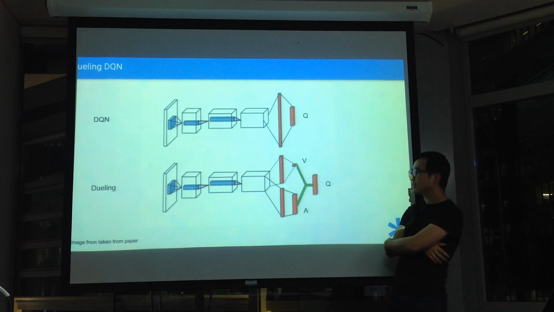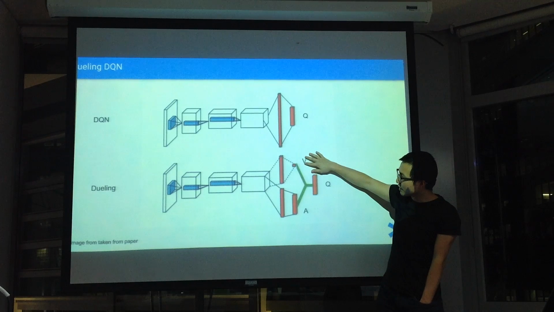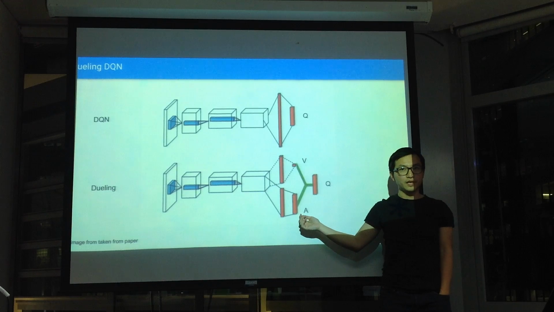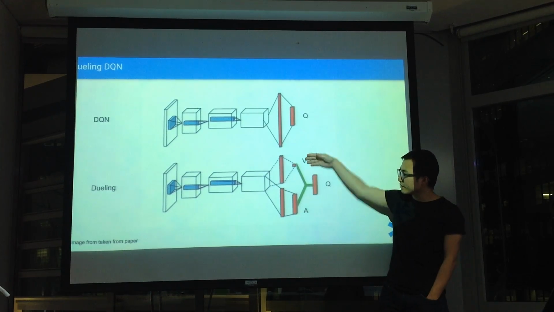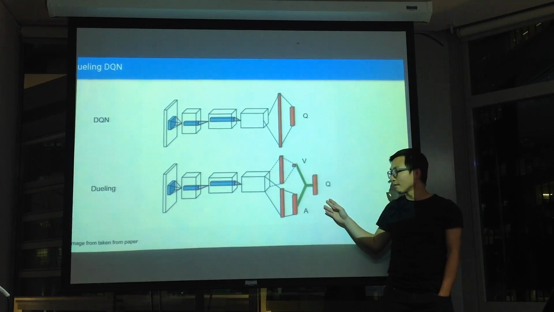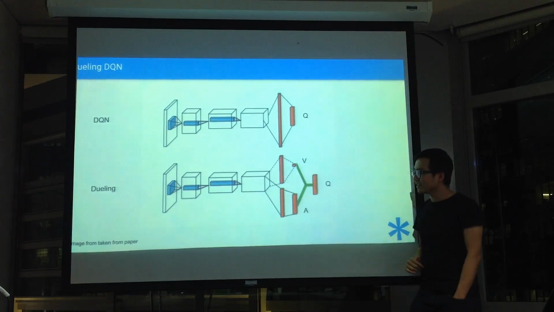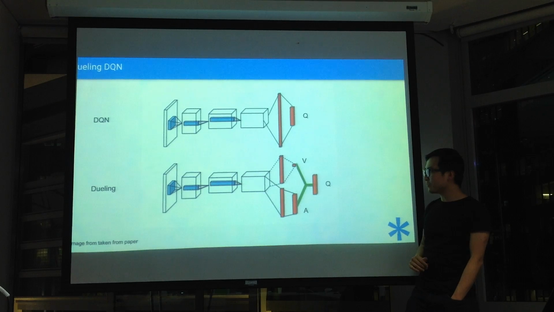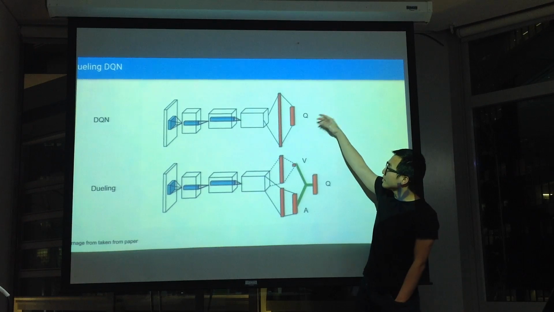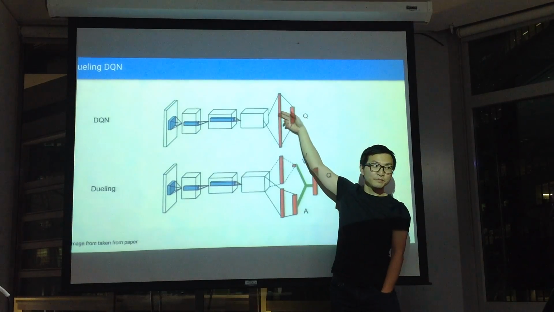What dueling did is, instead of just outputting Q value, it first calculates a state value as well as an advantage for each action. And then they do an addition to achieve a Q value. Does that make sense? Yeah? The intuition I get from it is, when you're just outputting the Q values and doing neural network training, you're training one action at a time.